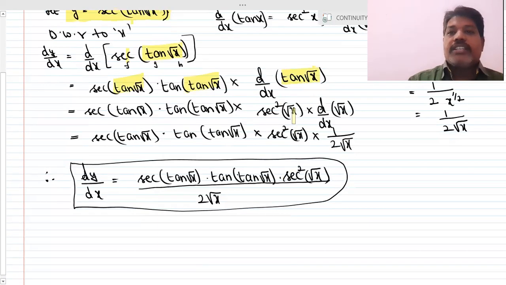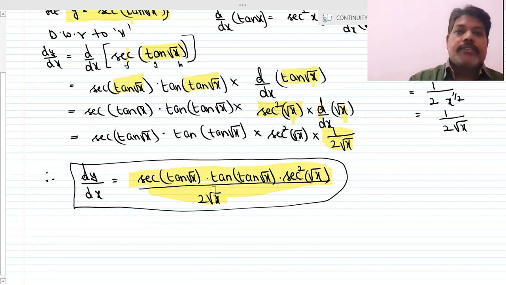Tan x derivative is secant square x. But in the place of x you have a root x, so you have to differentiate root x once again. The derivative of root x, already you know, is 1 by 2 root x. So the final answer will become secant of tan of root x into tan of root x into secant square root x by 2 root x. Okay, students.